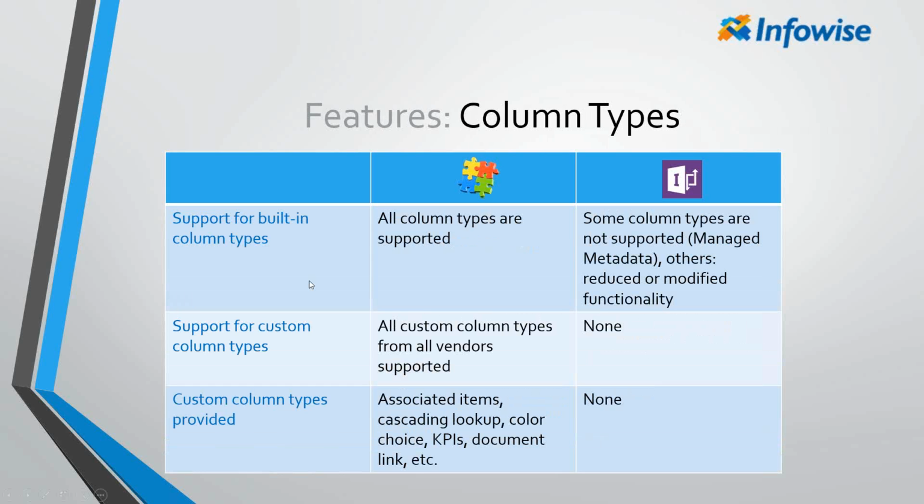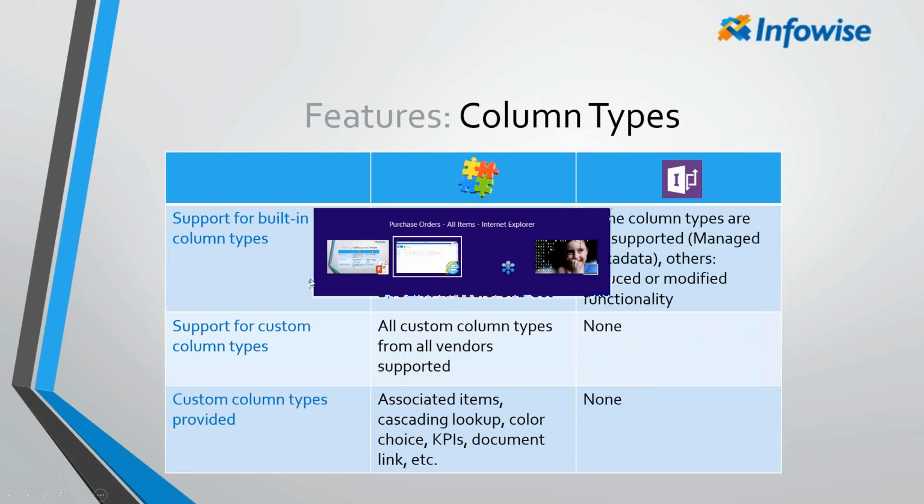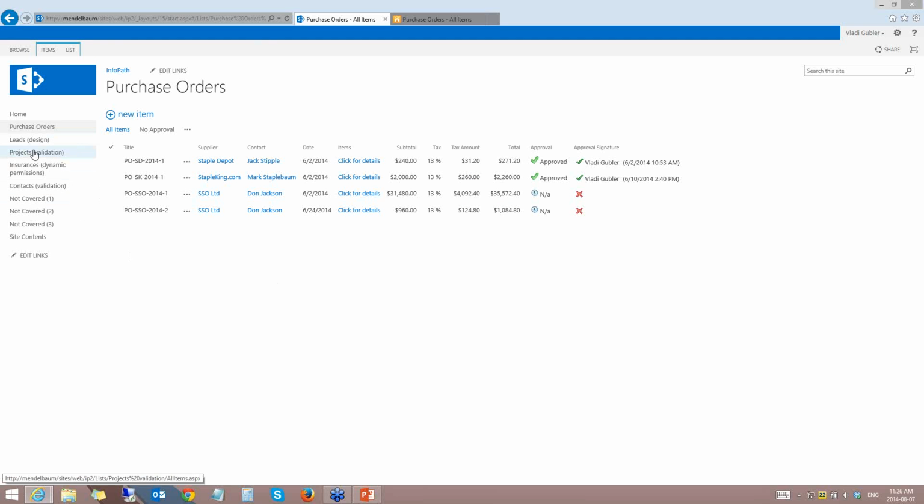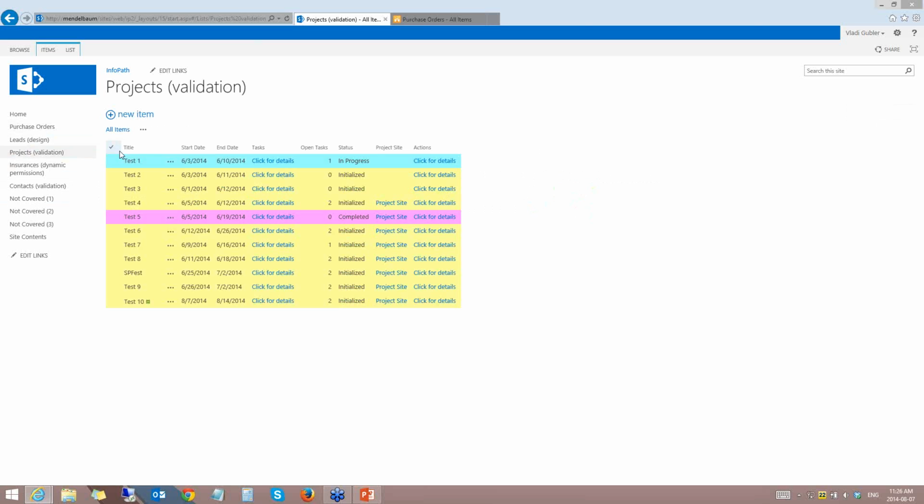Another very important, very powerful thing is the ability to validate related items. Not supported in InfoPath. In our case, it's supported, and it can be extremely useful. Let me show you an example of how useful it can be. For instance, we have a list of projects, and using related items, associated items, we actually have tasks associated with each one of these projects.